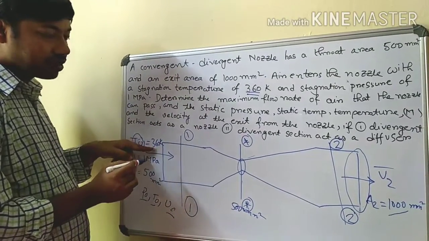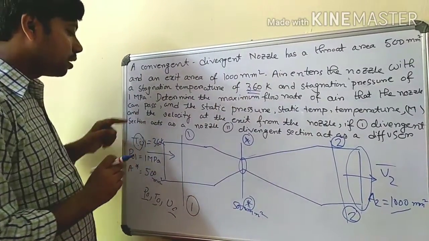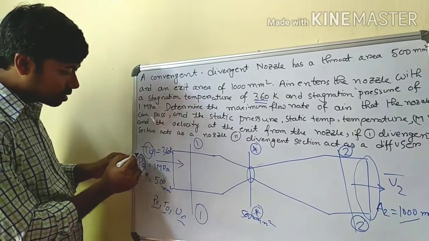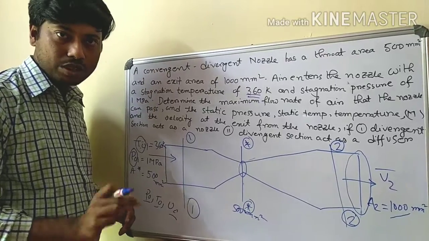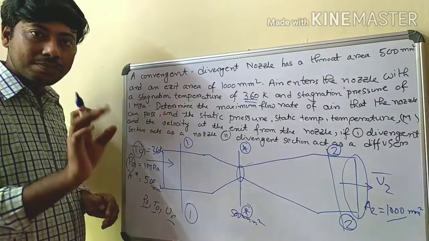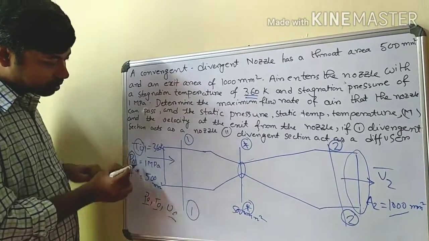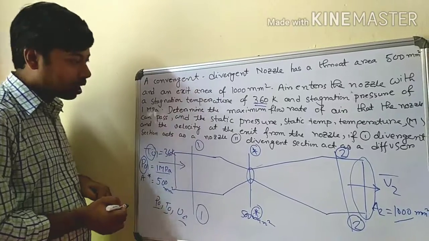That is given as 360 Kelvin. And the stagnation pressure is 1 megapascal. You know that normal pressure is designated with P, but stagnation pressure is P0, at section 1, so it is P01, which is 1 megapascal.